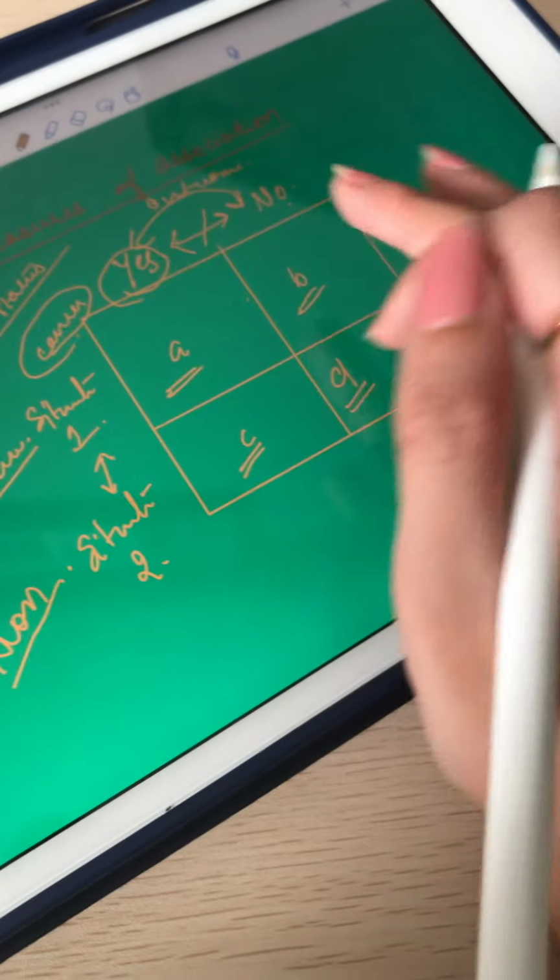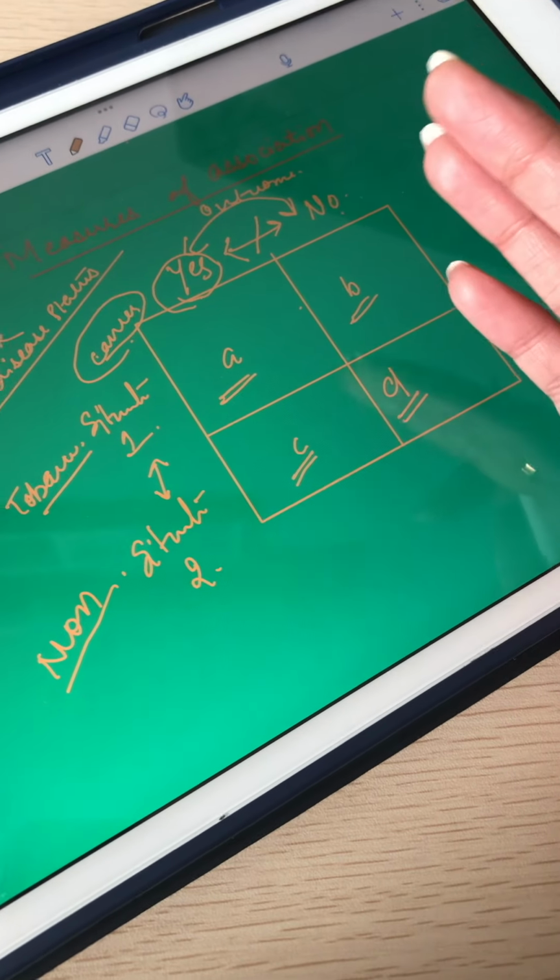Now with these ratios we will be finding certain conclusions.